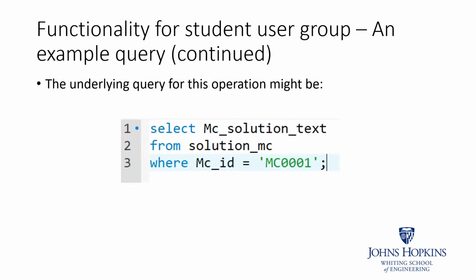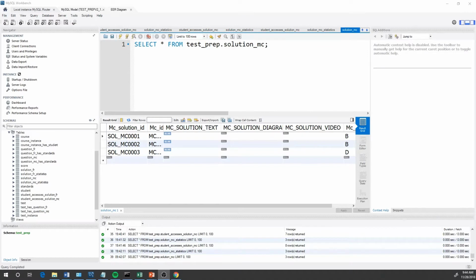Here's an example of this underlying query. So we're going to select multiple choice solution text from solution MC where MC ID is equal to MC0001. Let's go ahead and take a look at this query in MySQL Workbench. Okay, here we are in MySQL Workbench, and right now we are looking at the table solution MC.